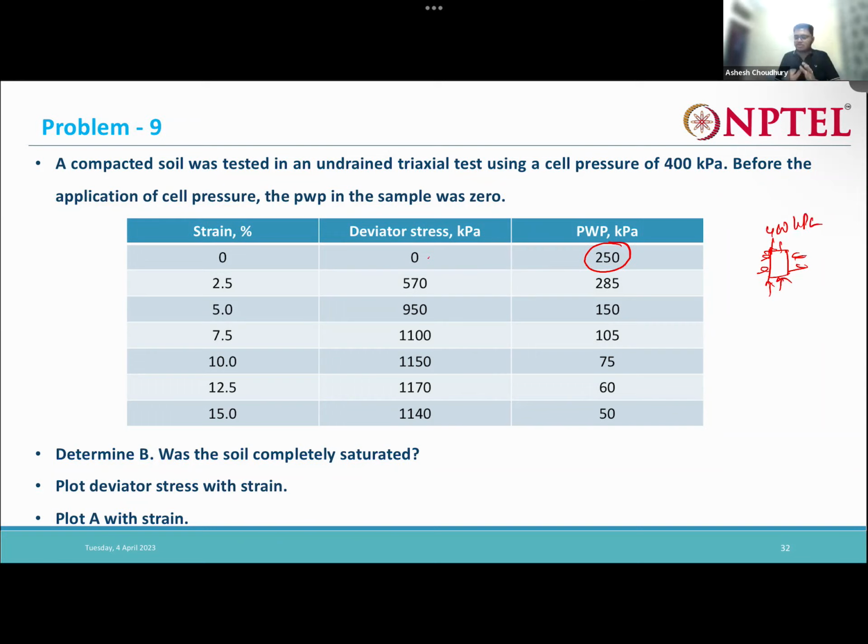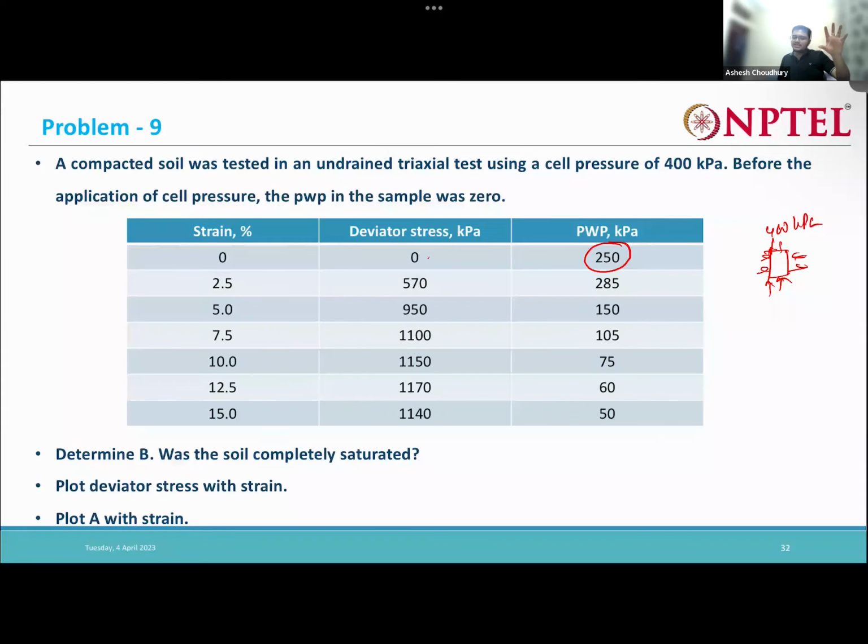My sample is undrained, we are not allowing drainage, so water is there in the pores. As soon as I apply some external cell pressure, some pore water pressure will get generated. That pore water pressure is given as 250.